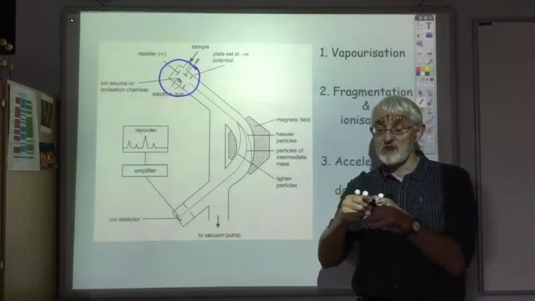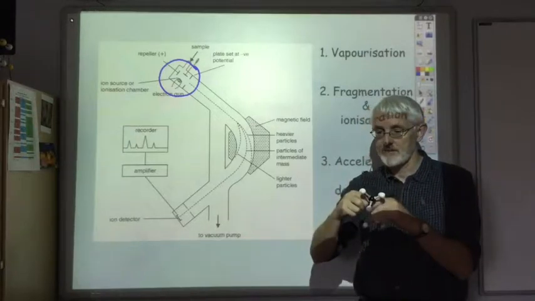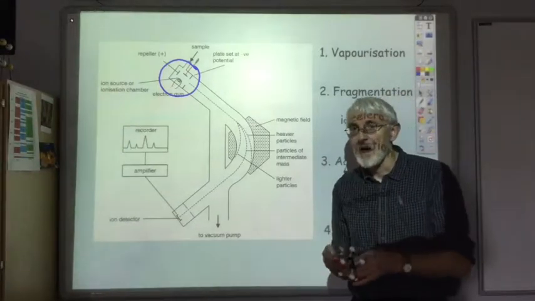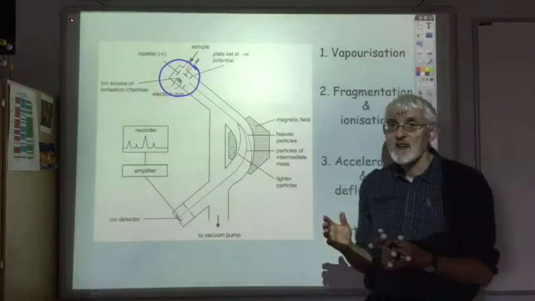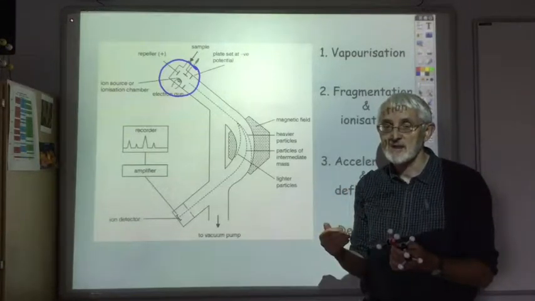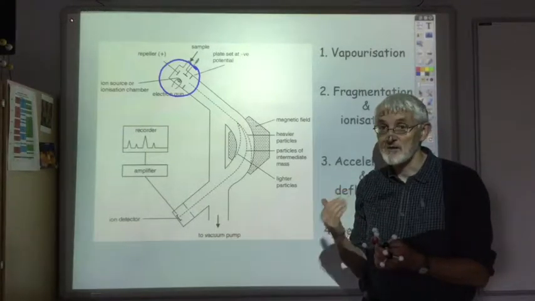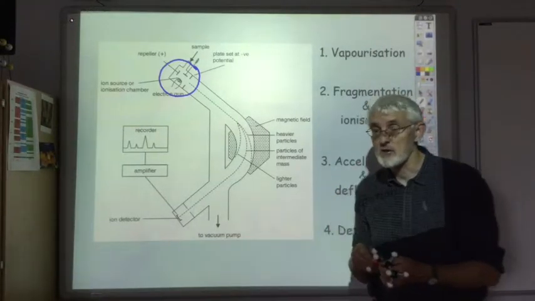Or it might break that covalent bond and produce those fragments. As well as producing fragments, it's very efficient at removing an electron from the fragments. So all the fragments have got a positive charge because they've lost an electron.